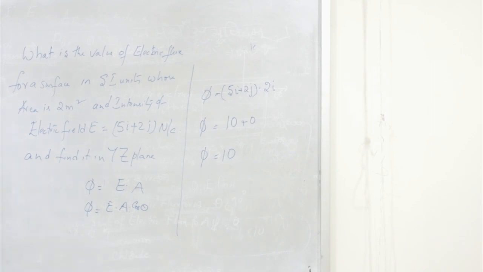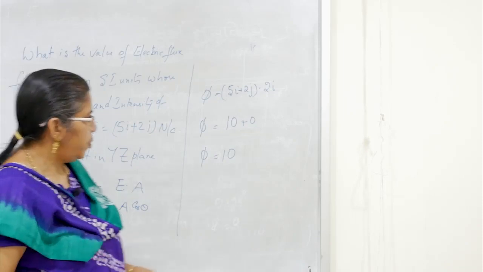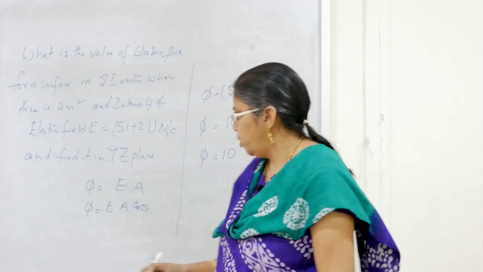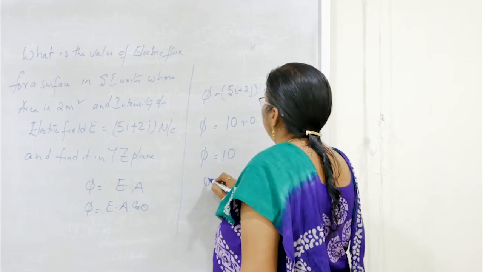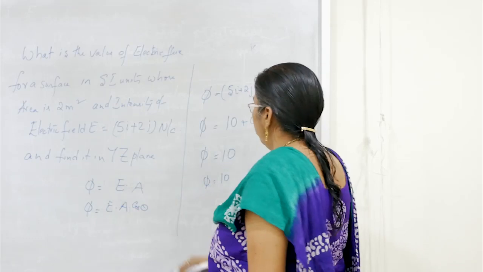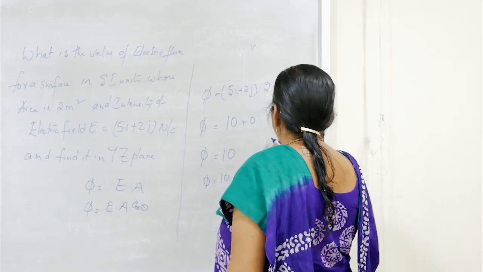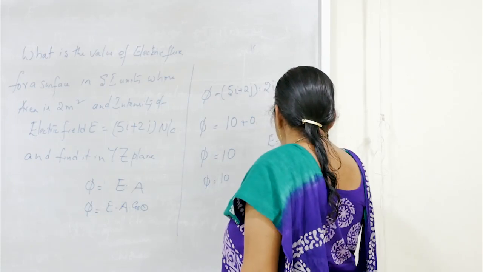Newton meter square per coulomb. So how do you write Newton meter square per coulomb? What are the units of phi? Phi is equal to 10. For E the units are, E is equal to F by Q, isn't it?